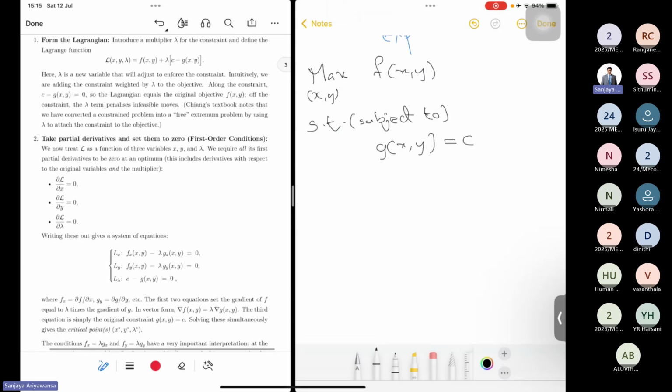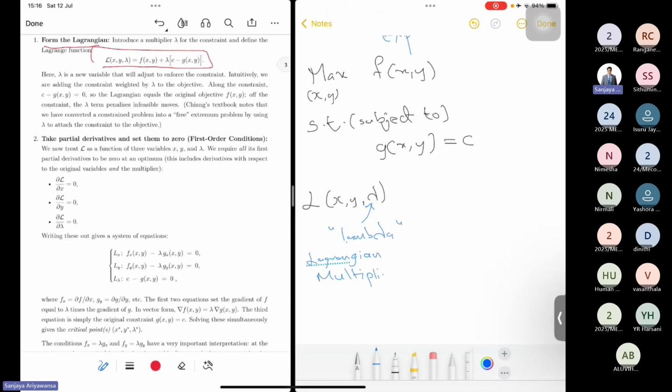First, you form the so-called Lagrangian function. What does the Lagrangian function consist of? I would write it in this L format. It has, in this case, three variables: x, y, which we initially had, and a new variable introduced called the Lagrange multiplier, lambda, the Greek letter.